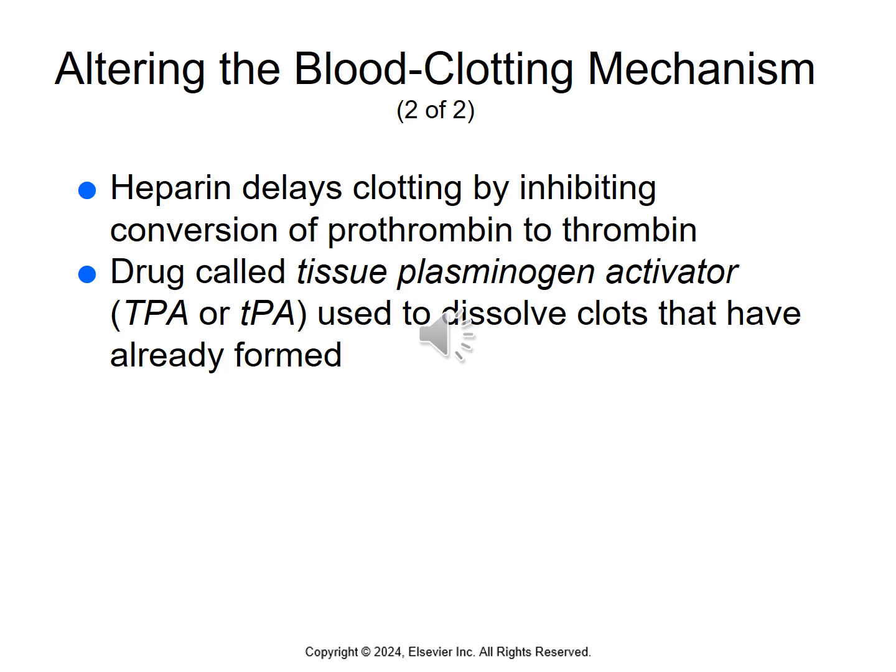I do want to mention that for anticoagulants, there are labs that are drawn to regulate them. For heparin, we use the partial thromboplastin time test. That's our PTT. That's how we regulate our heparin, especially when you're utilizing IV heparin. Very important. For our Coumadin or warfarin, which we talked about on our previous slide, we use the International Normalized Ratio, or INR.